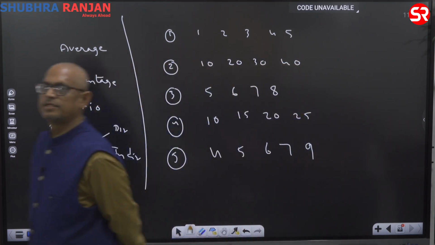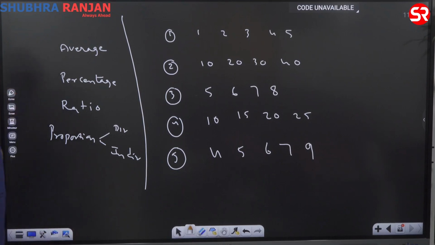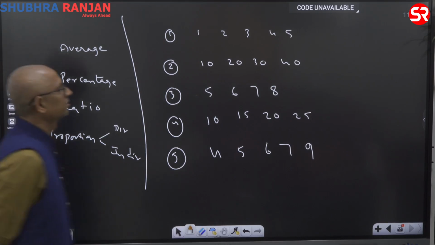Find the average of these 5 questions. Average means sum of the numbers by number of numbers. Do it. Sum of observations by number of observations. Do it. And right now I require the answers.